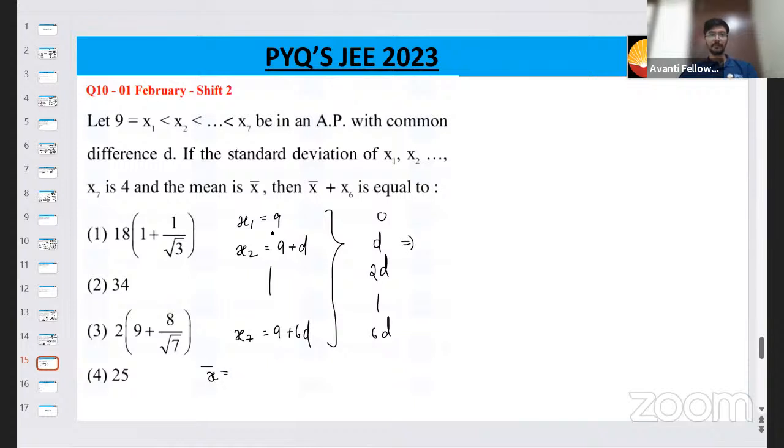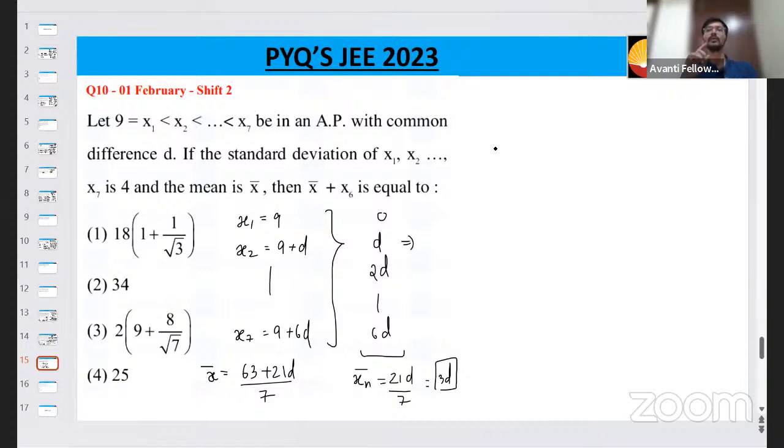So the mean of this, what is the mean of this? x bar is 9 added 7 times, so 63 plus 21D by 7. And what is the mean of this new set? It is 21D by 7, which is 3D.